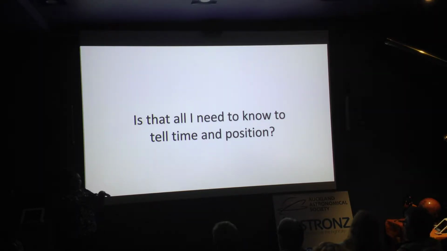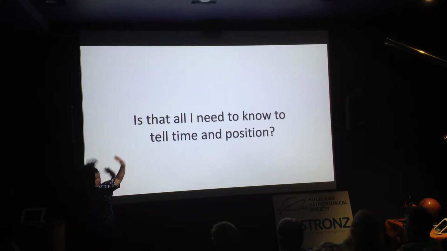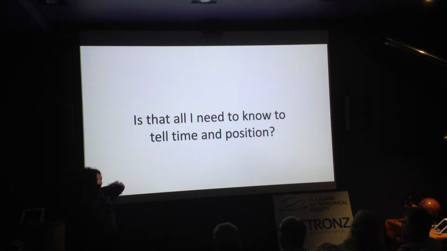So in astronomy, we've got the Earth, and then we've got something called the celestial sphere. We assume that every single star in the sky is stuck on an outer circle. And we know that's not the case, because some stars are really close to us, some stars are really far away from us.